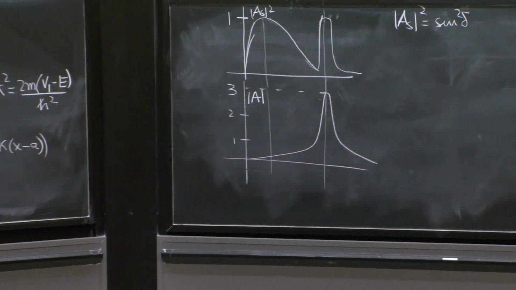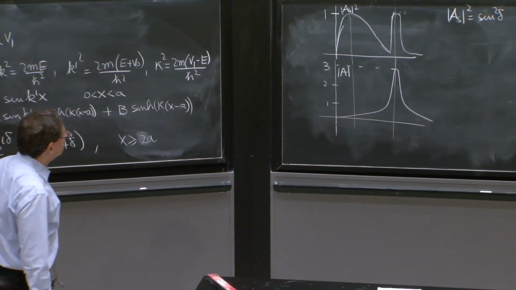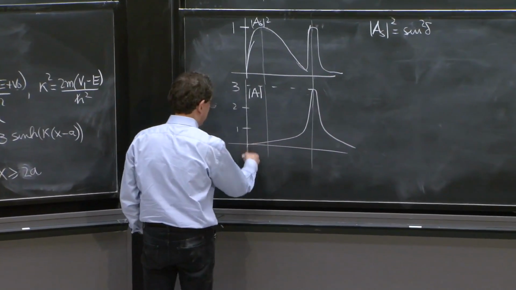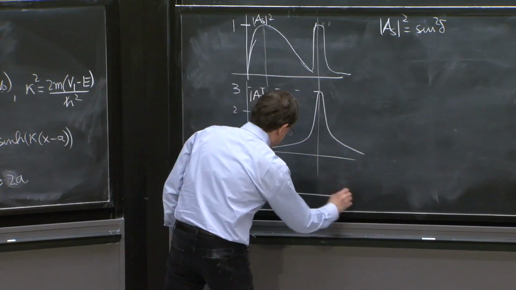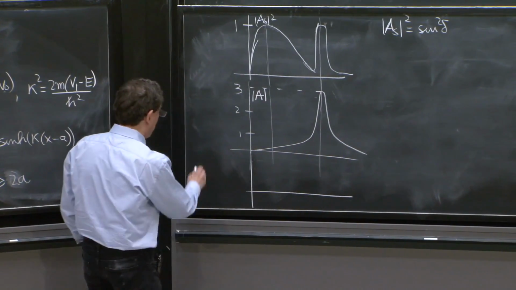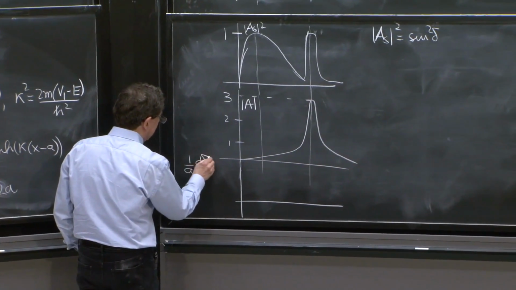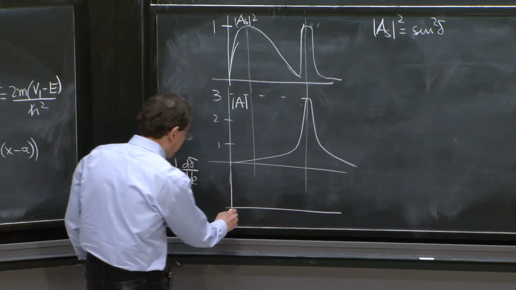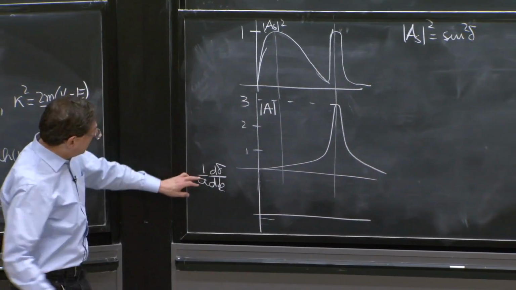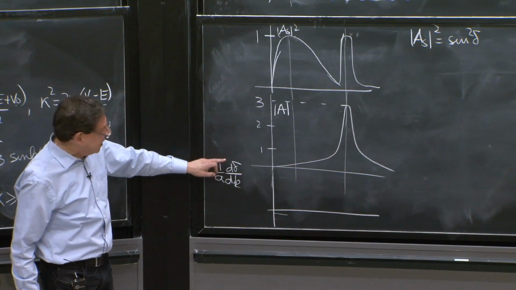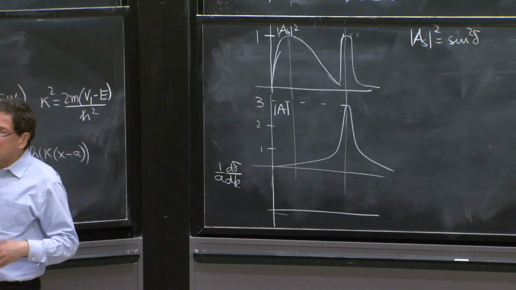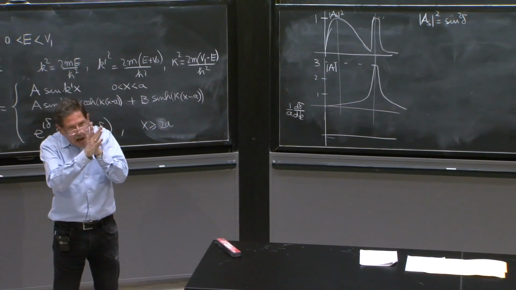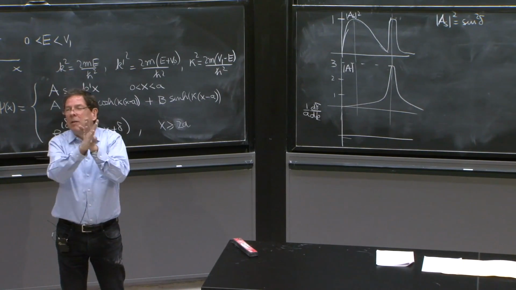I should have room for one more plot. Of course, the star plot of this thing, I'll do it compressed here: the total delay, 1 over A, d delta dk. Well, it begins negative. And remember that when we did the 1 over A, d delta dk, this is a pure number. It expresses the delay in terms of the time that it would take to travel the inside region.